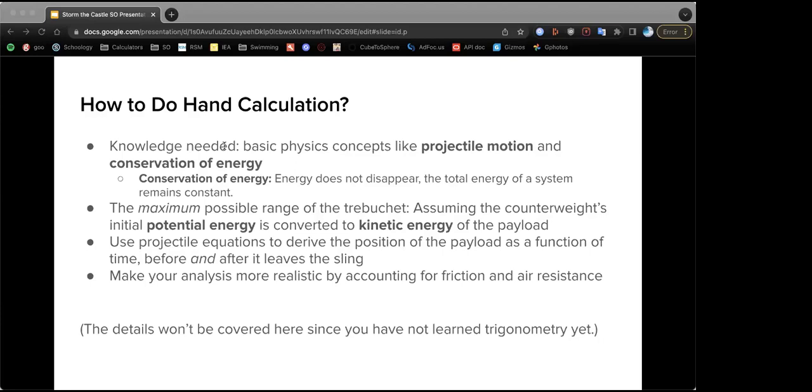It is just converted into something else, so the energy doesn't just disappear, right? And the total energy of the system doesn't change. You'll need to use projectile equations to derive the position of the payload as a function of time before and after it leaves the sling. The details won't be covered too much here since you haven't learned trigonometry yet, and a lot of the concepts are derived from trigonometric equations.